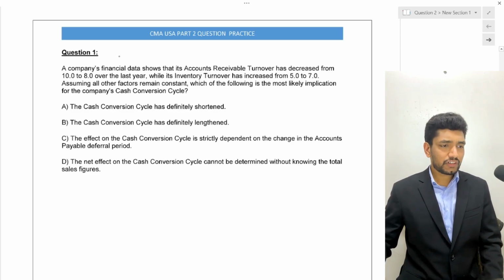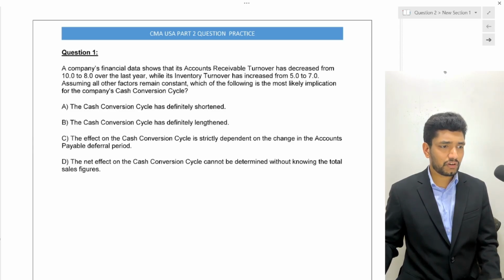A company's financial data show that its accounts receivable turnover has decreased from 10 to 8 over the last year, while its inventory turnover has increased from 5 to 7. Assuming all other factors remain constant, which of the following is the most likely implication for the company's cash conversion cycle?